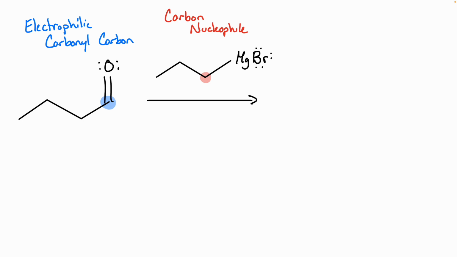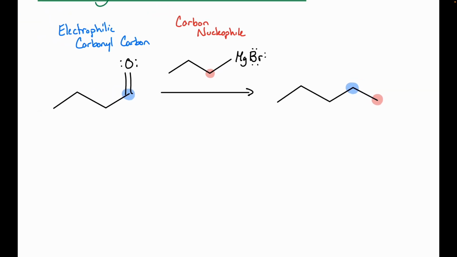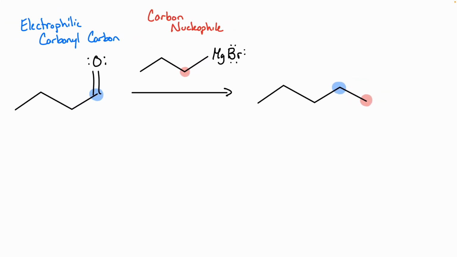I'm going to start by redrawing that nucleophile. I draw my 4 carbons. Now I get to that blue one. So when I draw this new bond over here, what's on the other end has to be that red carbon. That's my Grignard being added on here. My Grignard also has these other 2 carbons.